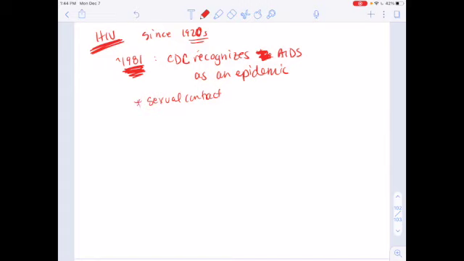But because there was so much mystery surrounding it, a lot of stigmas began to develop around the disease. Most of you are probably too young to remember how, because it emerged in a gay male population in San Francisco and New York, it was labeled the gay disease.